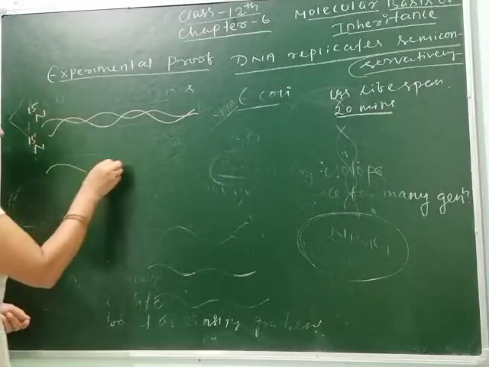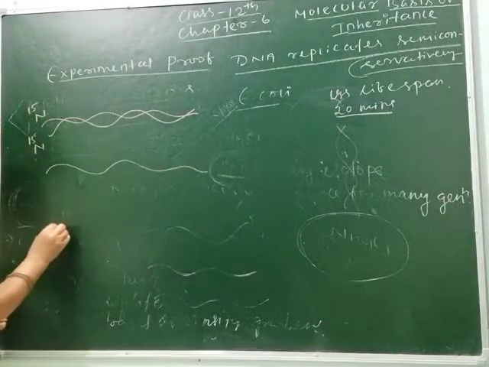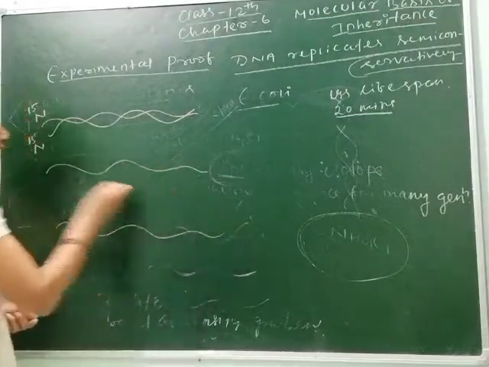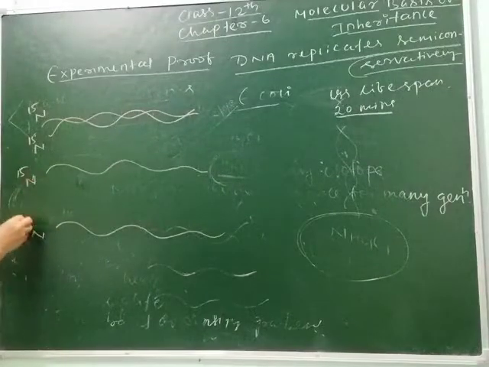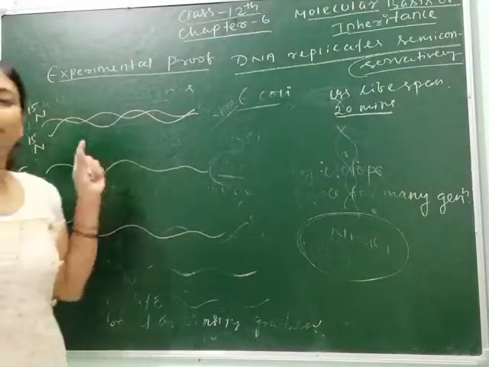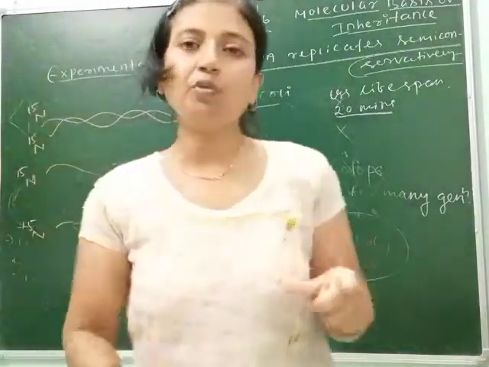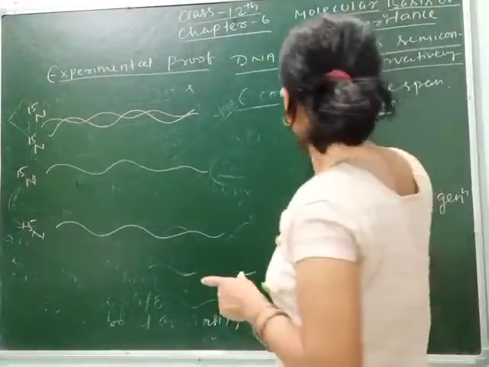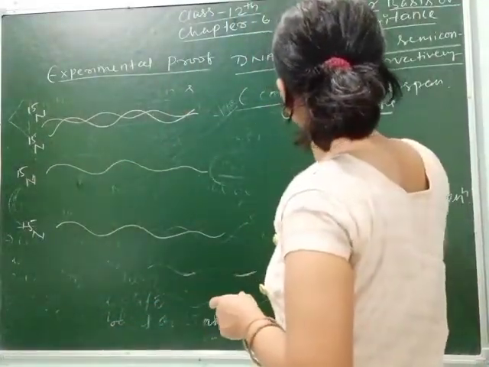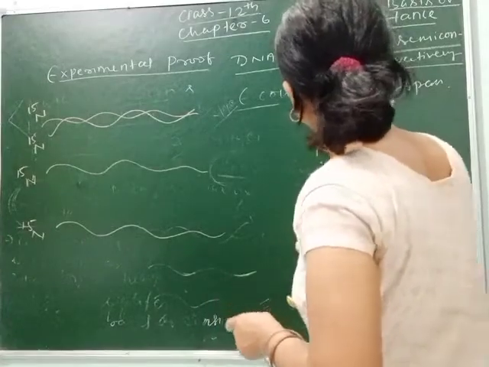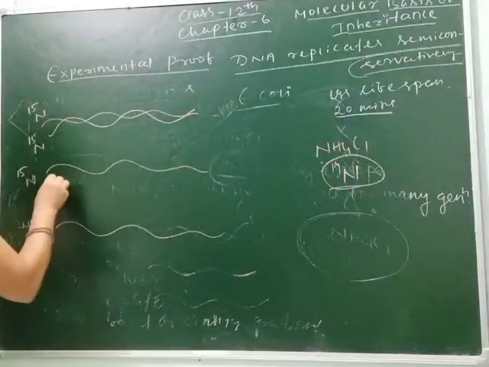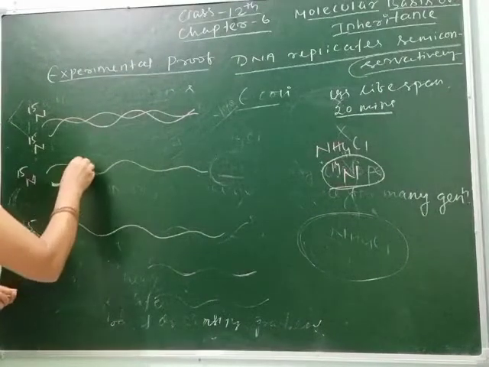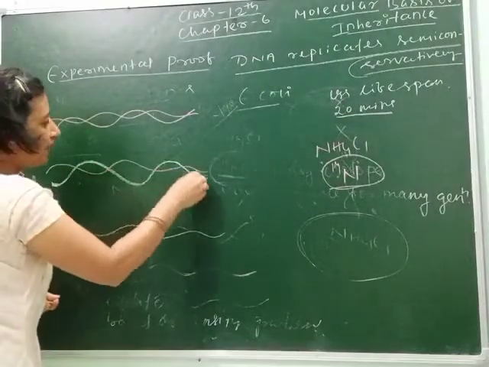It will get separated. This is nitrogen 15, this is nitrogen 15. When the E. coli is again put in normal ammonium chloride, NH4Cl, containing the nitrogen 14 isotope, then what happens? Nitrogen 14 is attached to nitrogen 15 like this.